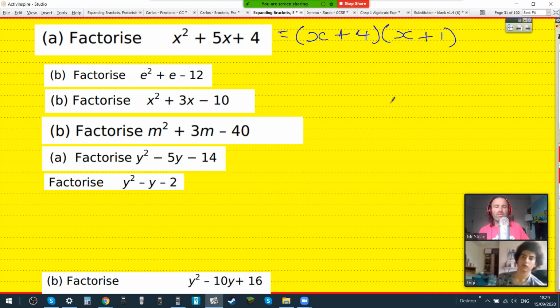X plus 1. X plus 1. Yeah, so 4 plus 1 makes 5. And so you have the 5.